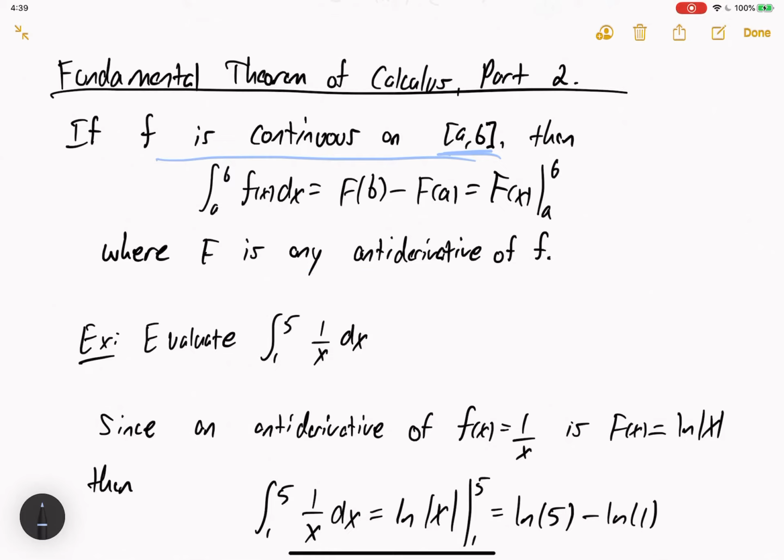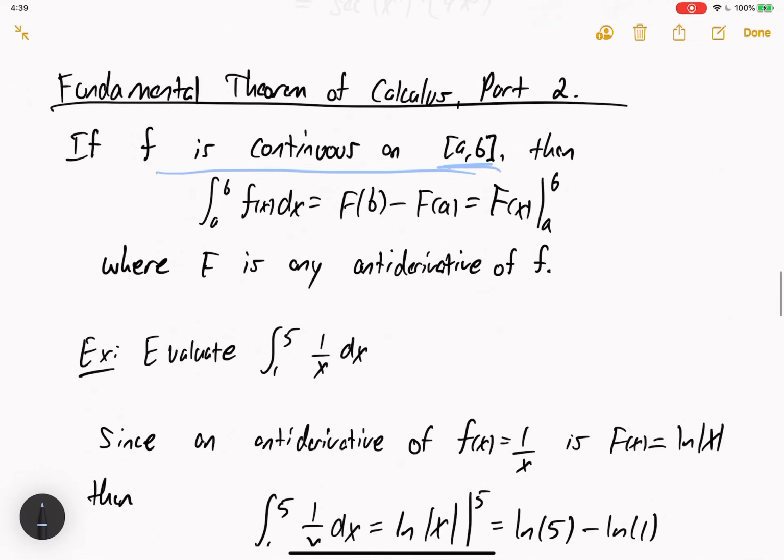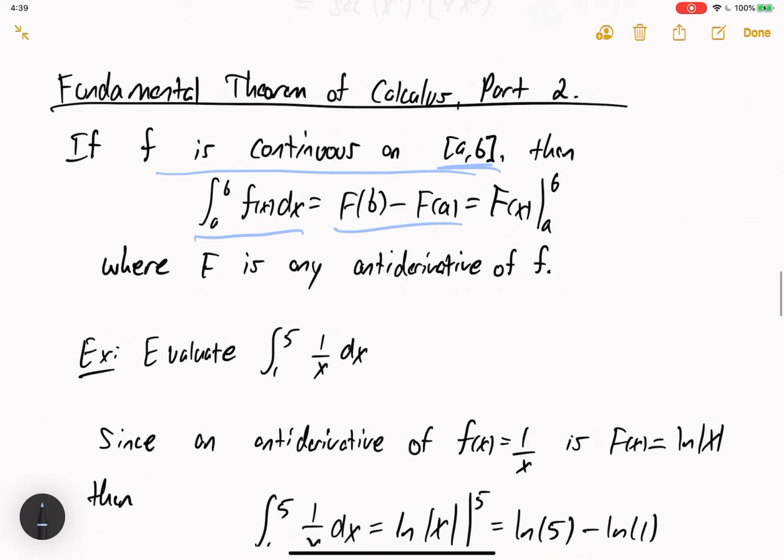We don't really care which antiderivative, it just means an antiderivative. It doesn't matter which one, we just have to choose one. And that's very important, especially to the fundamental theorem of calculus, because if we want to evaluate an integral, the only thing we need is an antiderivative.